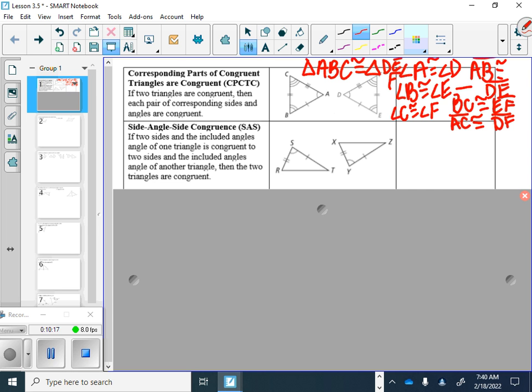Okay, the first one is called side angle side, or SAS. If two sides and the included angle, really quickly, included angle, if you need to write it down, is the angle in between the sides.